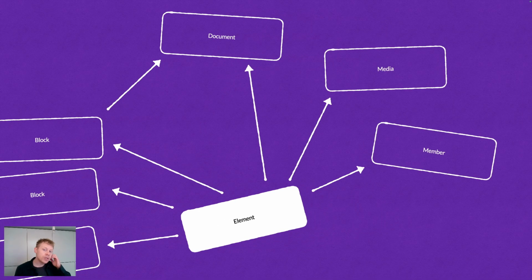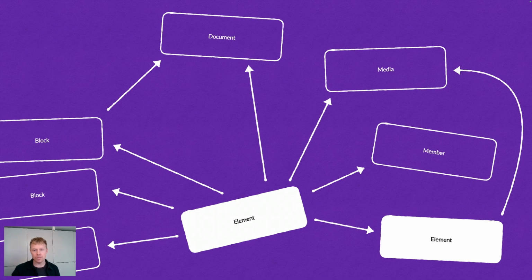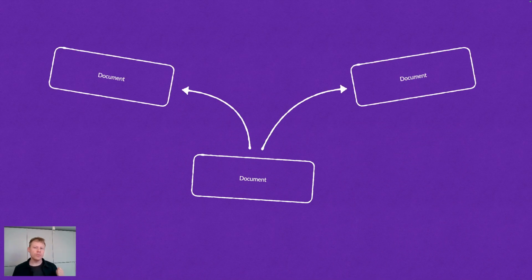And it's neither limited to a document element relation. Elements can also be used by medias or members, even other elements. So you can create enormously complex structures. And that is not something I think you should strive for, but it's worth understanding the flexibility that you have at hand. At the end of the day, this feature will be very similar to having documents that reference other documents.